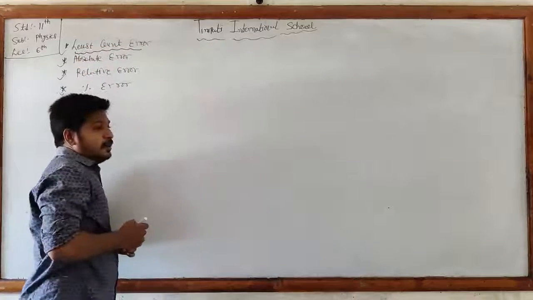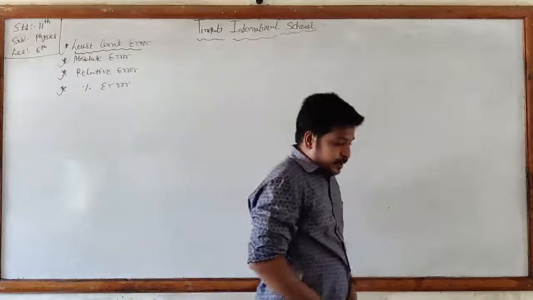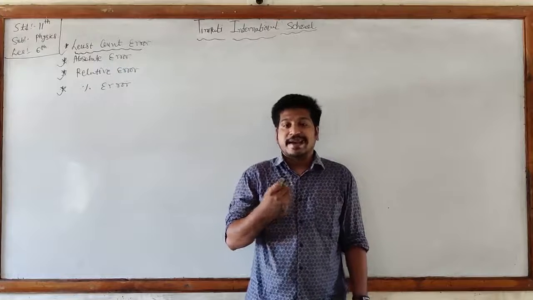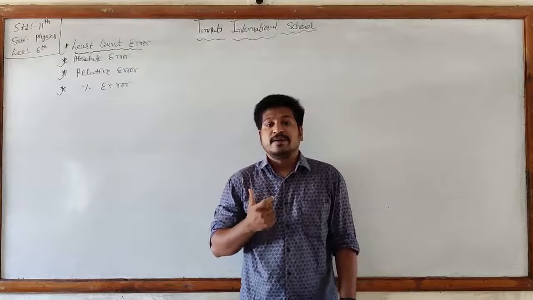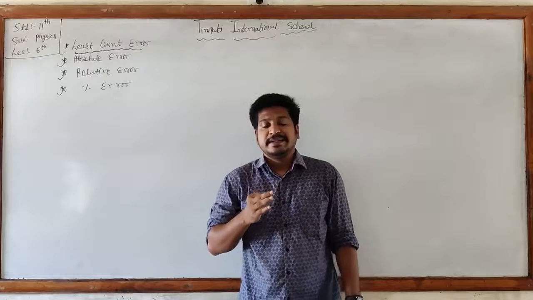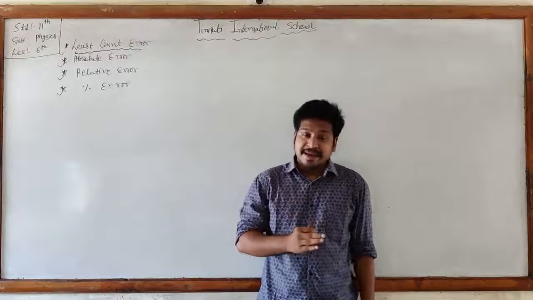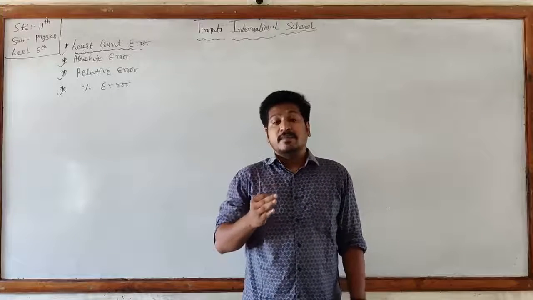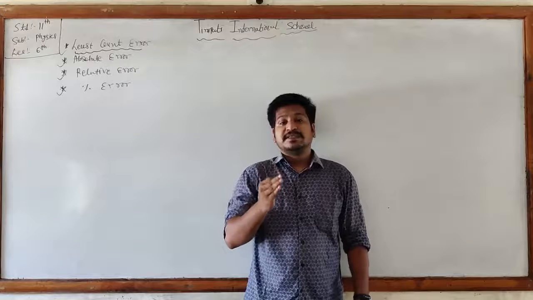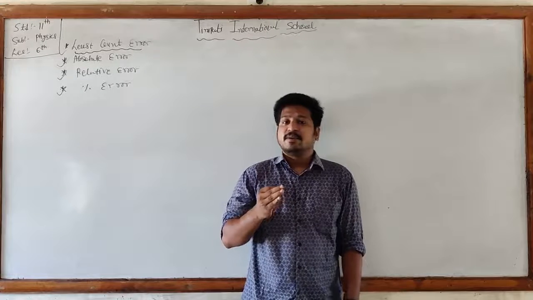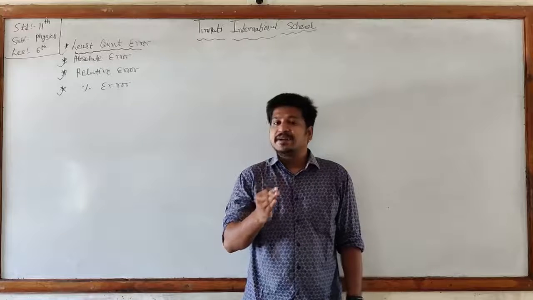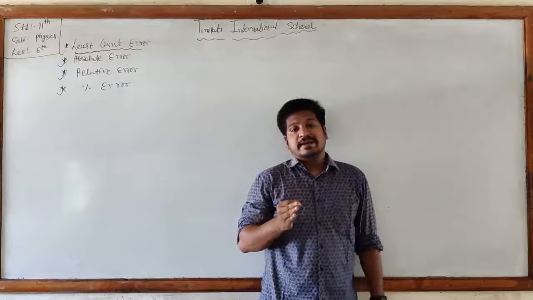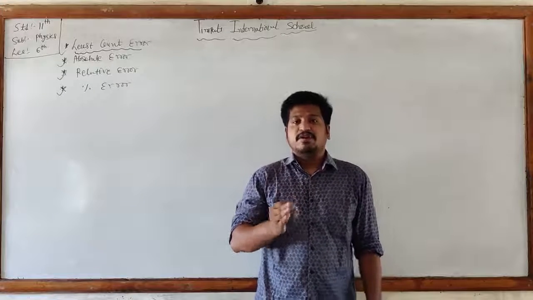Now the least count error we have to reduce. So what do we have to do? We have to do only one thing: take a larger number of observations, and then find the arithmetic mean of those observations. Then you will find the true value of your measurement.